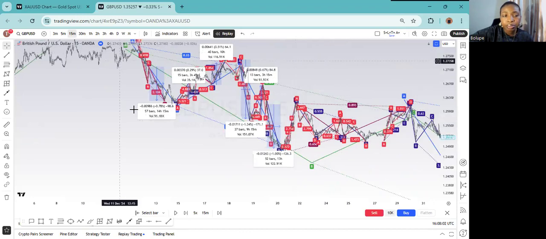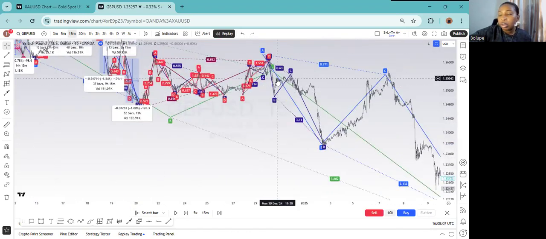So anyway, this is looking at major and minor structure. You should do a study on fractals, on what that means, and then you'll be able to understand it more.